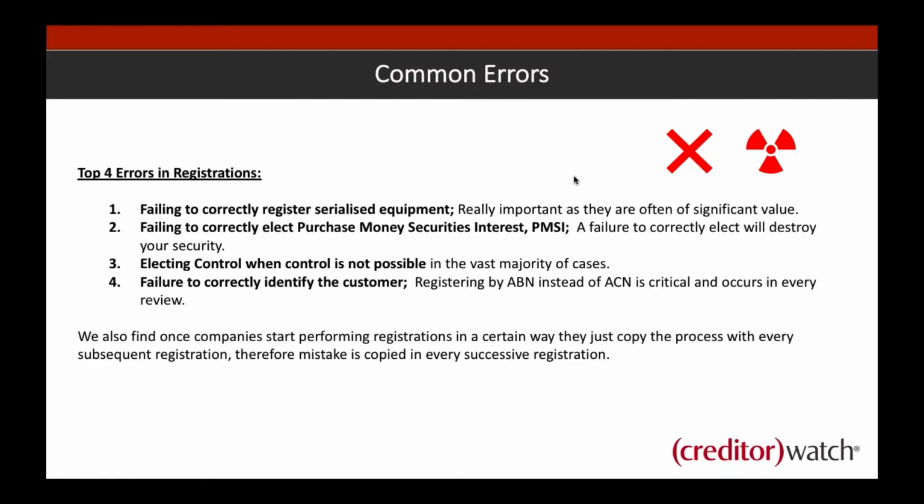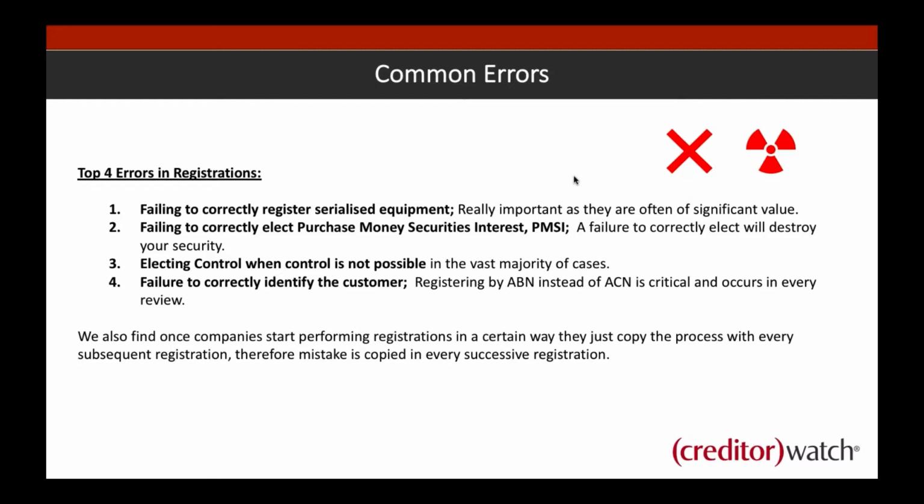You can lose out on actually having that piece of equipment returned to you in the event of an insolvency event. Another error is electing control when control is not possible. This is quite a murky point of the PPSR and can cause some issues. And as we can see, it is one of the top four errors when registering.